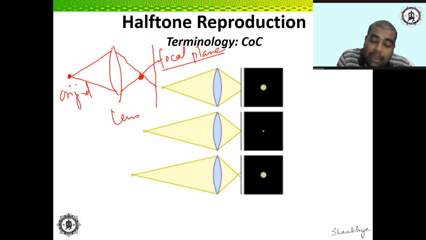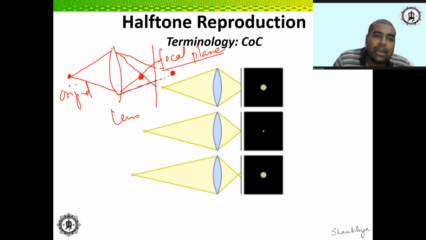Now, if the lens is placed very far away from the object, again this problem will happen. The object will not be formed sharp, but will form somewhere over here behind the focal plane.